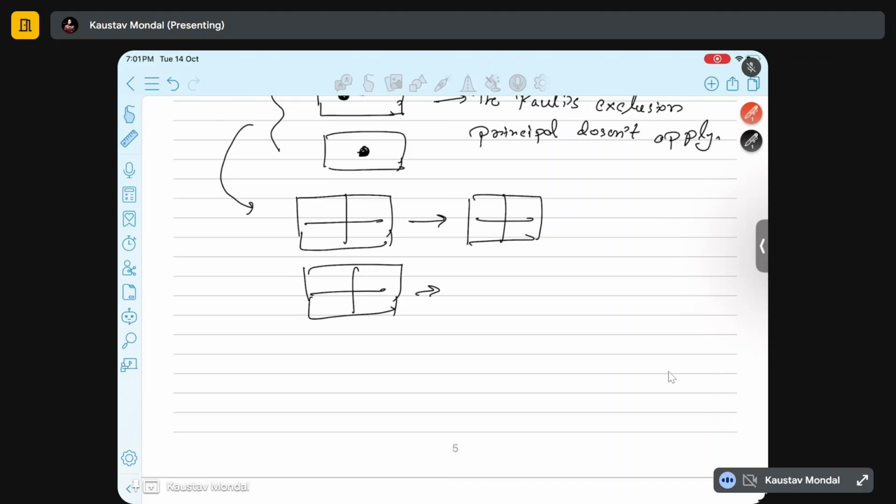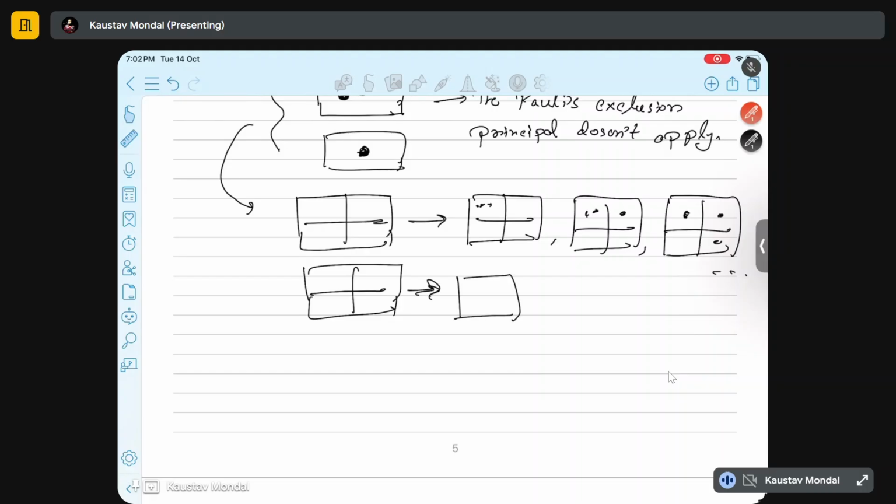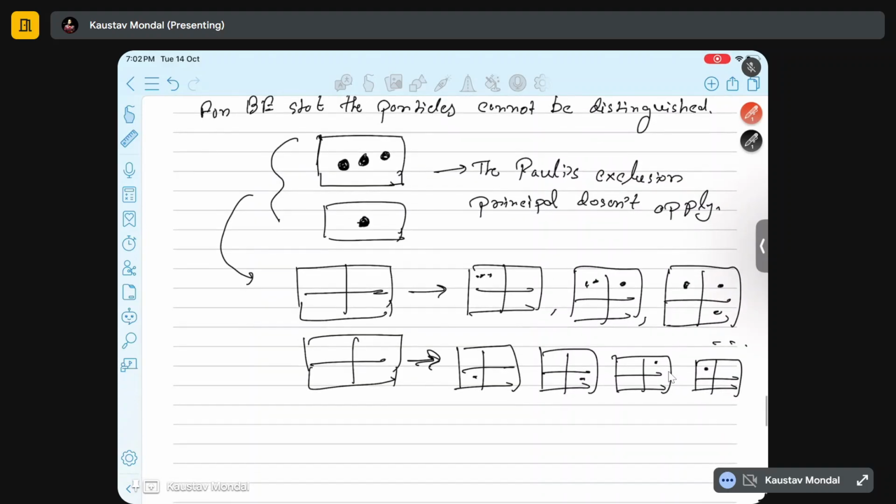The three particles are here, or two particles are here and one particle is here, or like this. Many kinds of possibilities will happen. But for one particle, there are only four: either here, here, here, or here. For three particles, multiple configurations exist.